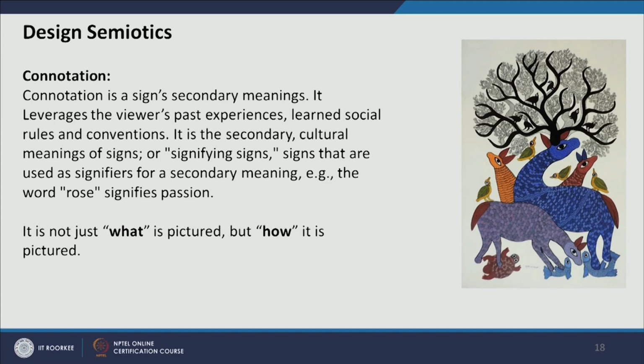They paint the deer whose horn is transformed into a tree. So the literal meaning is that there's a deer whose horn is transformed into a tree, but only people who are associated with the Gauguin culture and folklore can understand the meaning and significance of this painting.